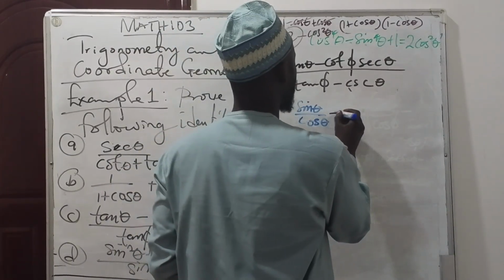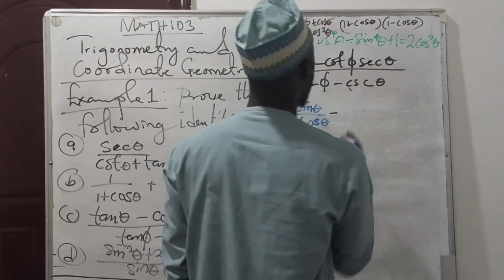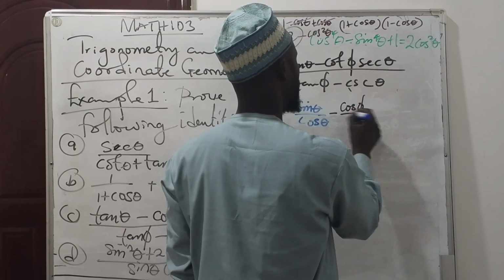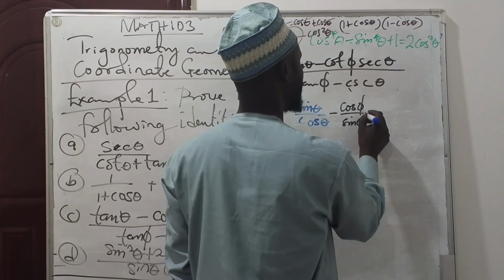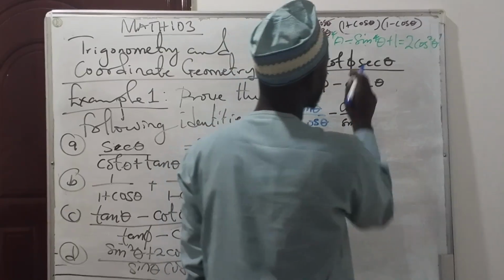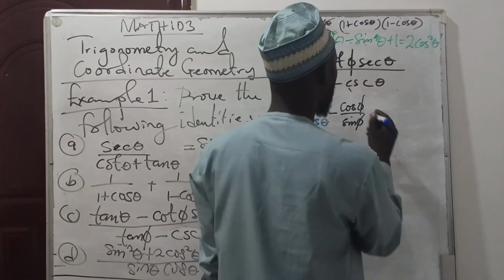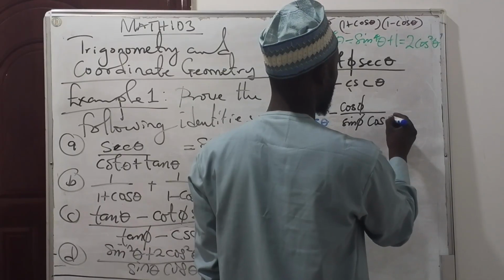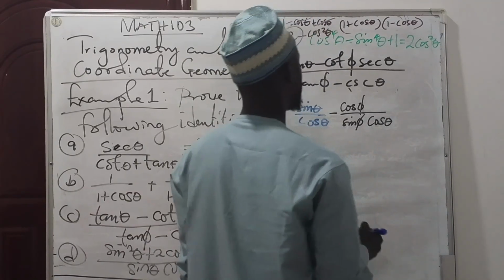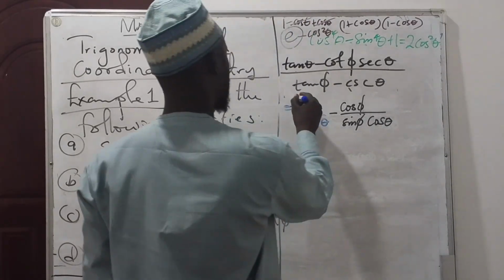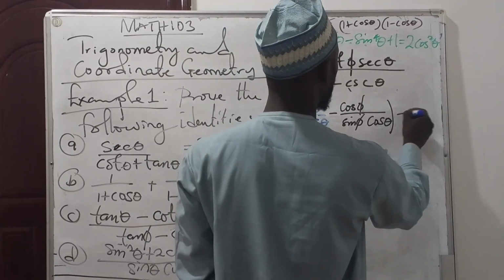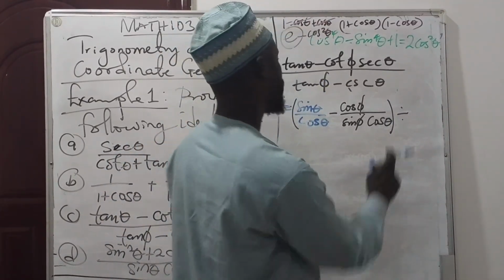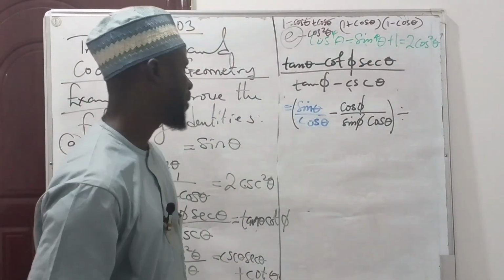Now minus cot phi, and cot phi is cos phi over sine phi, and sec theta is 1 over cos theta, so I write cos theta here. So this is it as the numerator, while for the denominator I have tan theta. So this is the division line I have replaced here.